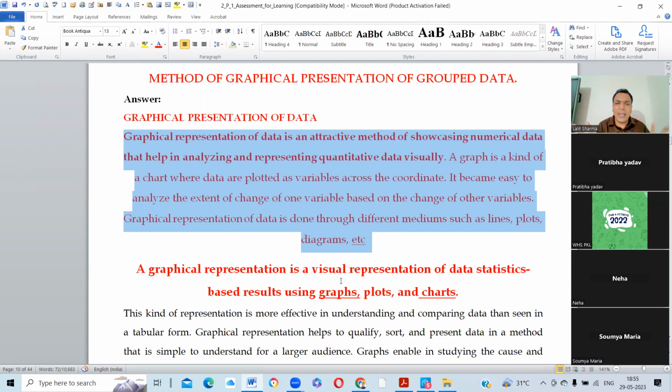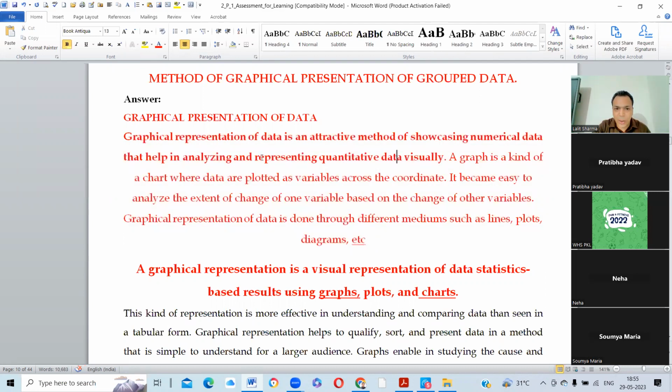So basically, what you do is represent the numerical data in the form of a chart, in the form of a graph. This is called graphical representation of data, right guys? To represent quantitative data visually. Quantitative means numerical data.